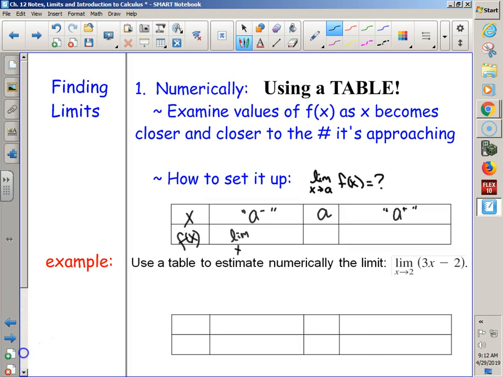The limit as x approaches a from below of f of x is going to look like what we're doing here. We're going to see numbers, and hopefully we can see them getting closer and closer to something.